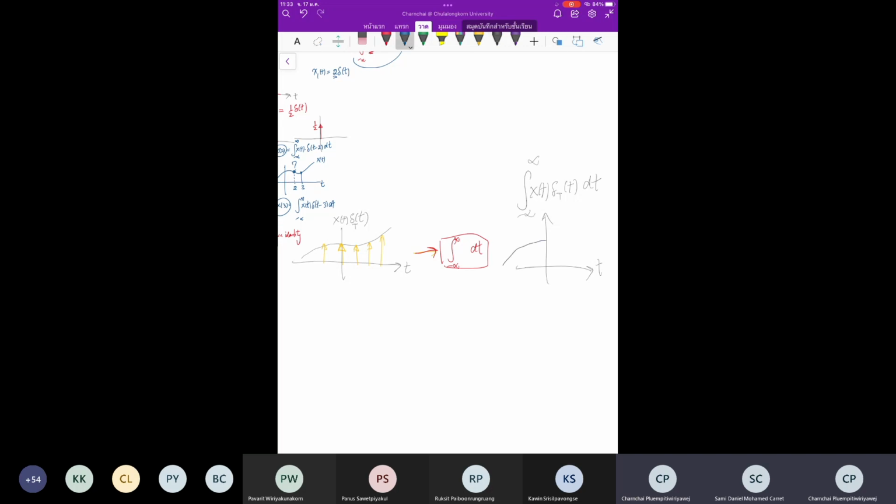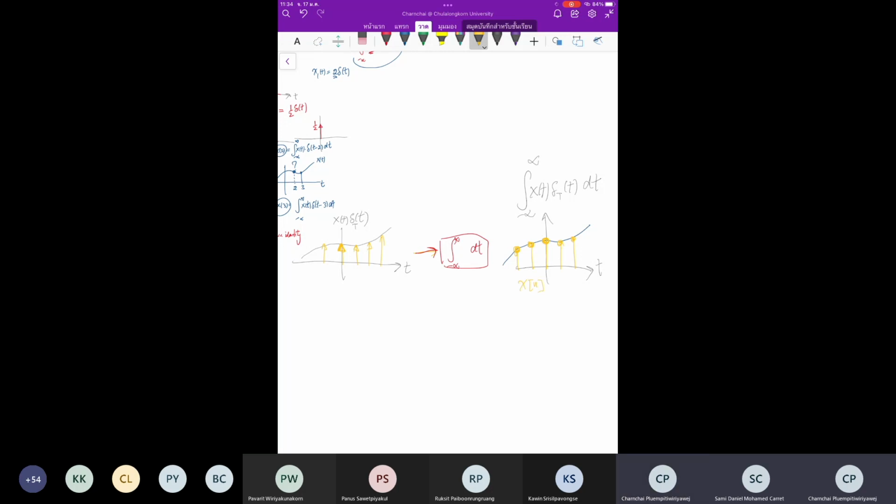It's just going to be that value. Now it's changed from an arrow to that value, because we took the integral. If you take the integral, it's just going to be the stem value, and this is our x n.